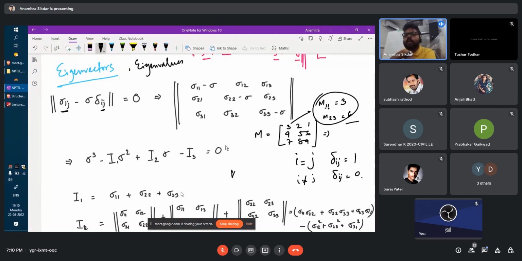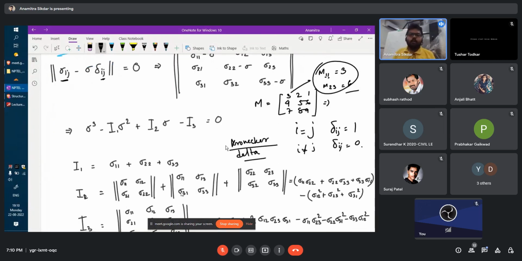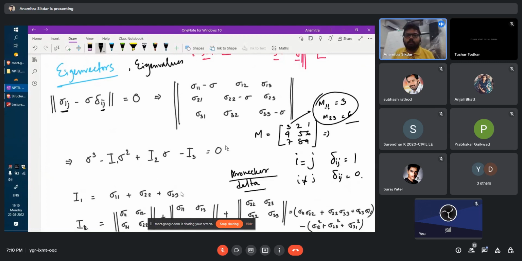This is how Kronecker delta is defined. So this whole thing we can represent like this.